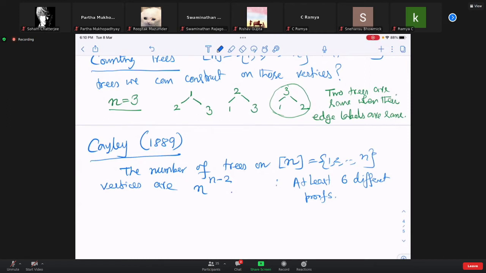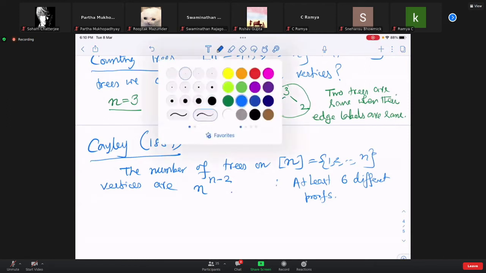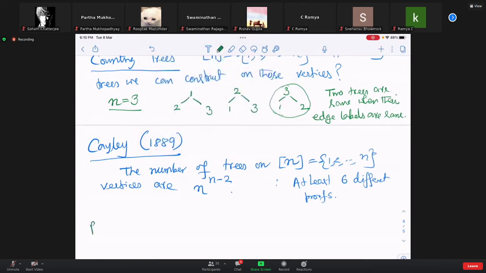So what I plan is to tell you a proof of this theorem, but among many proofs, I picked a proof that is algebraic. There are proofs using purely graph theory, purely combinatorics, counting, setting up bijections, but I picked a proof that's very algebraic.